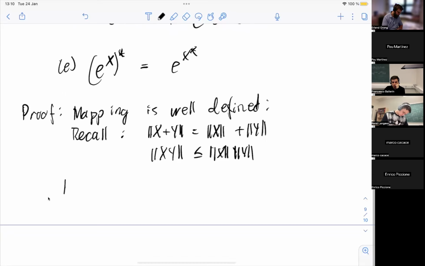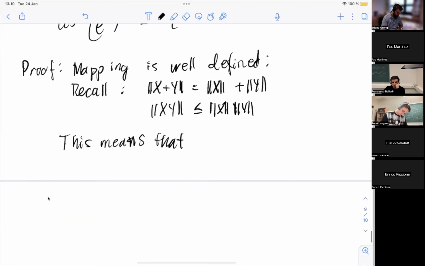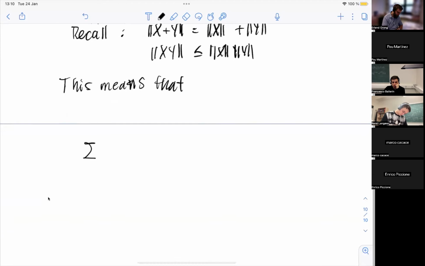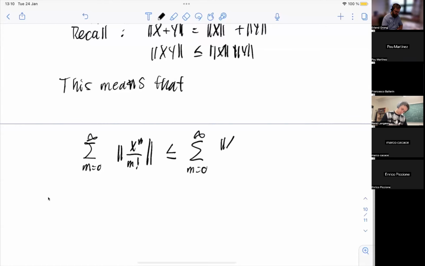So if I take the sum and look at the absolute value, then that's less or equal than the value of this to infinity.